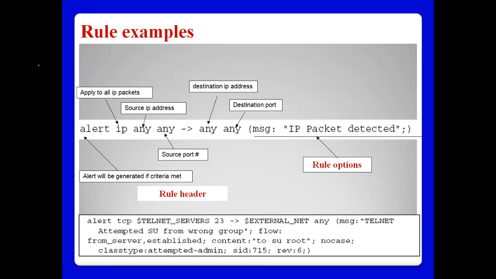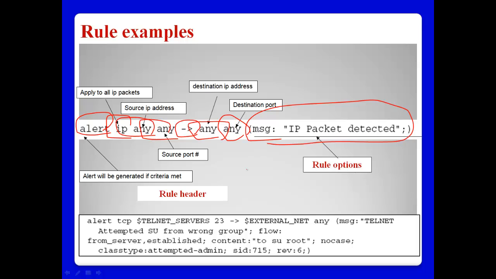Okay, example. First, here, alert. Normally we say this is the action of the Snort rule, and IP means the protocol, any means the source IP address, any means the source port, and this arrow means the direction, and this any means the destination IP address, and this one the destination port number, and this is the rule options.